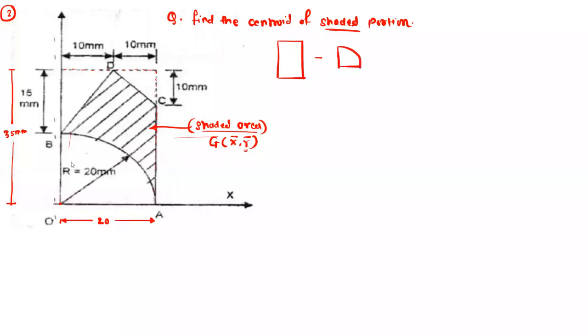This quarter circle has the radius r equal to 20 mm. Again we have to subtract this right angle triangle, which has the dimensions 15 and 10. And again we have to subtract this right angle triangle having the dimensions 10 and 10.